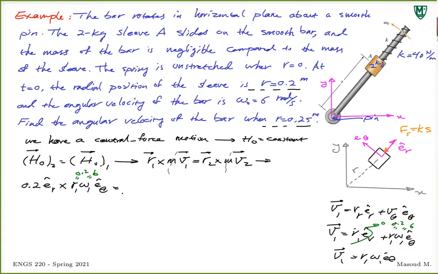On the other side, I have R2, right? R2, which is 0.25 ER cross V2. Now V2, the same story, let me write it here. V2 is something that we are looking for.